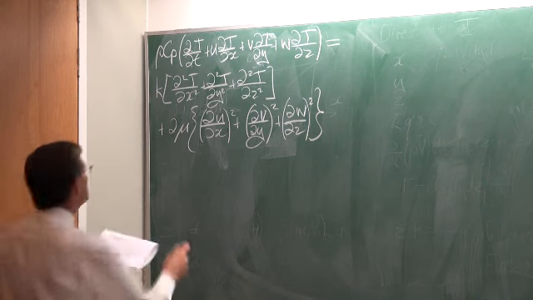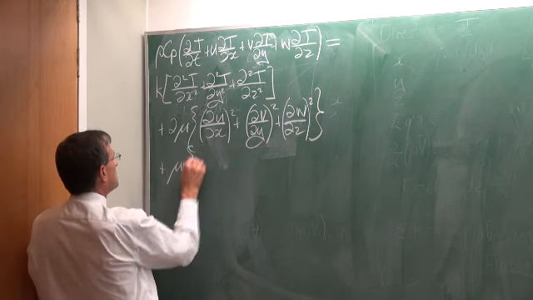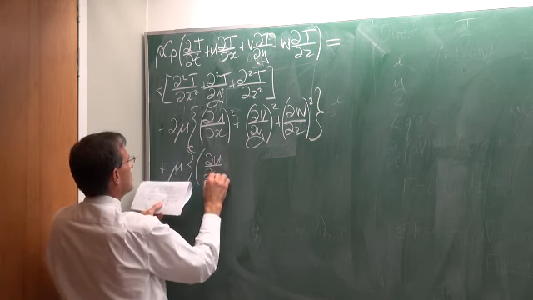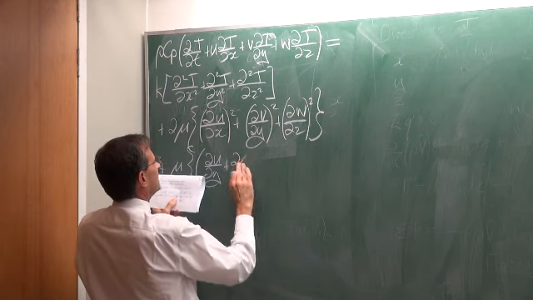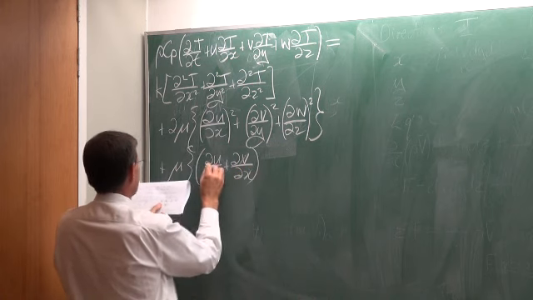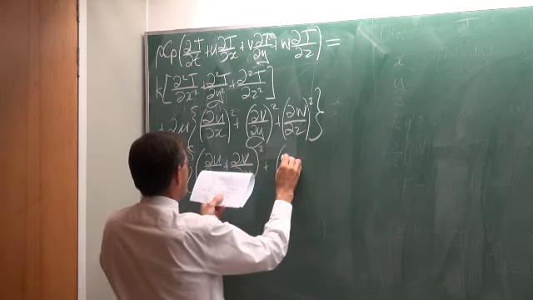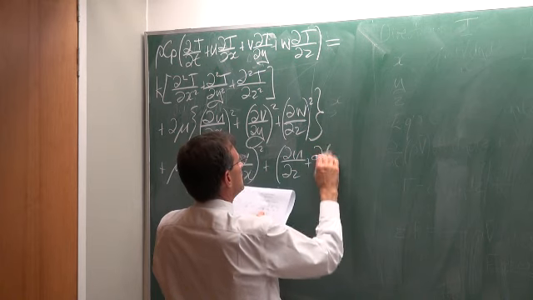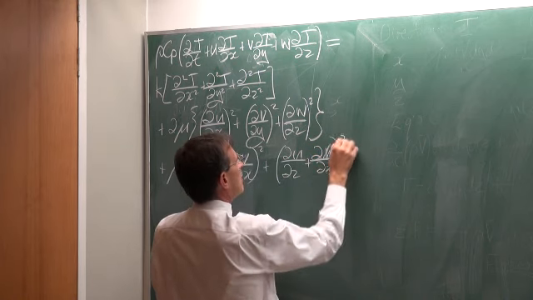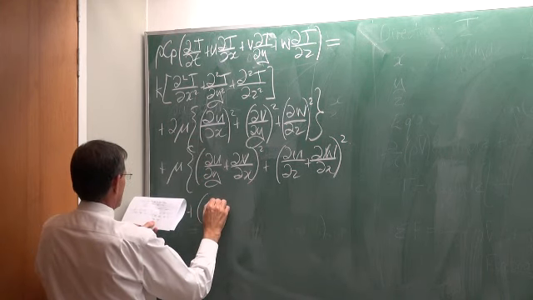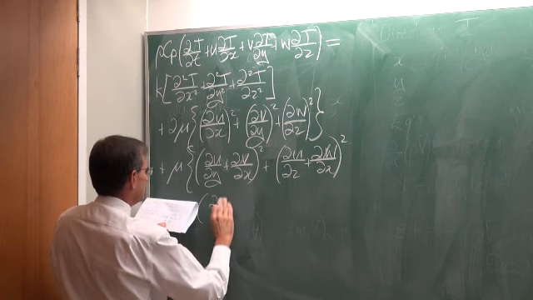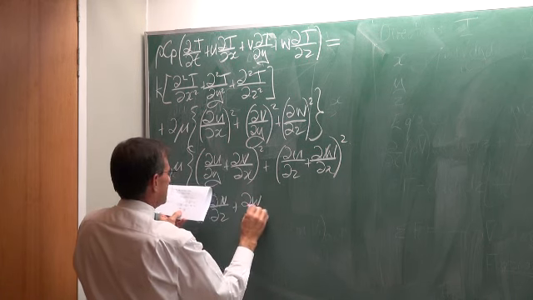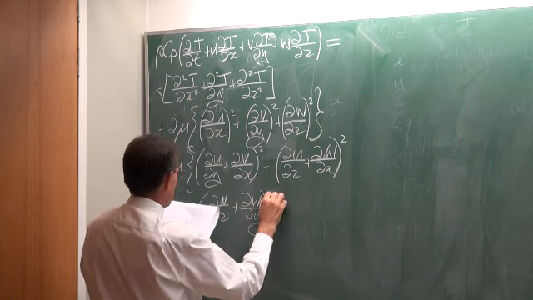okay, plus the viscosity multiplied by 2 times partial du dy plus partial dv dx squared plus partial du dz plus partial dw dx squared plus partial dv dz plus partial dw dy and the square of it.